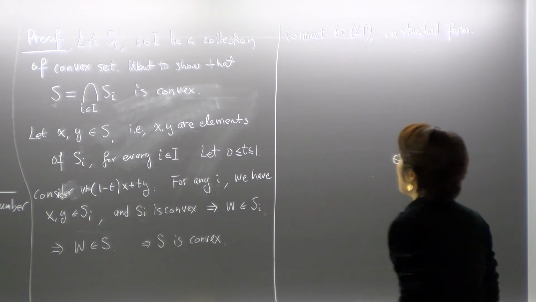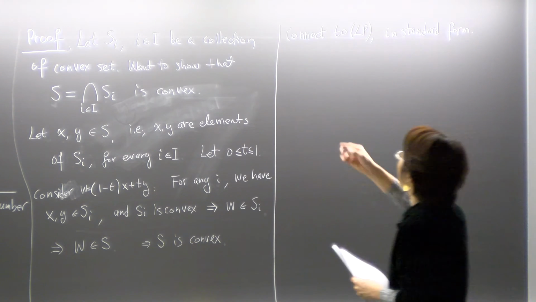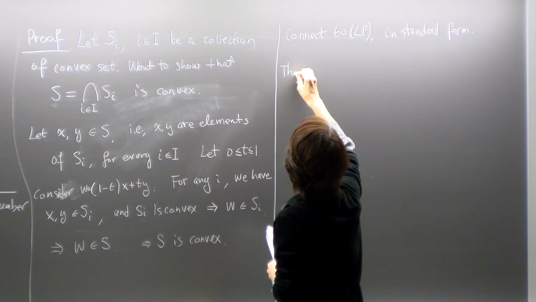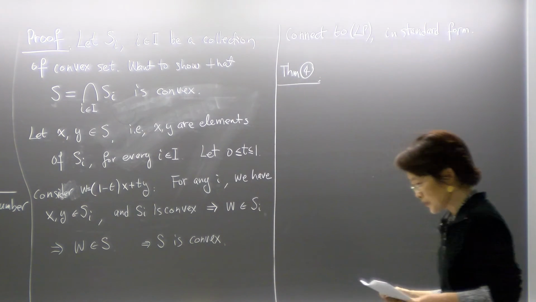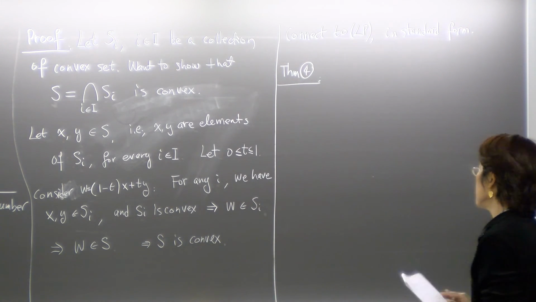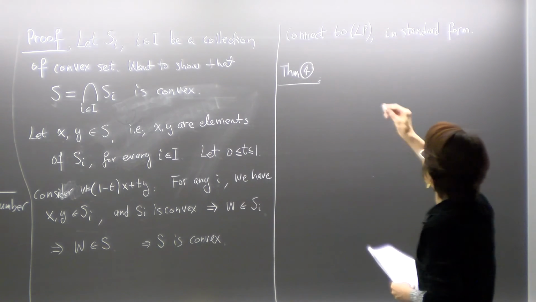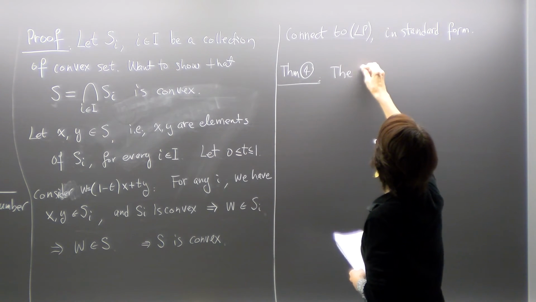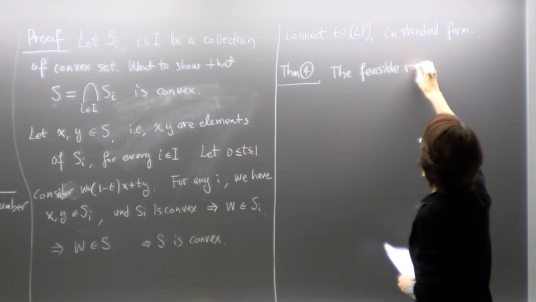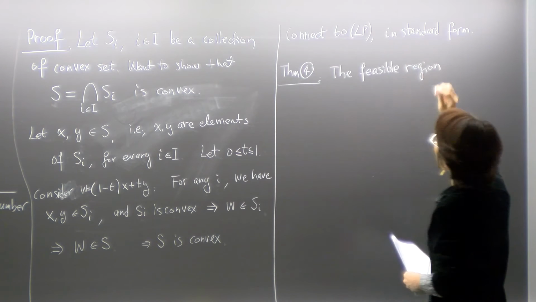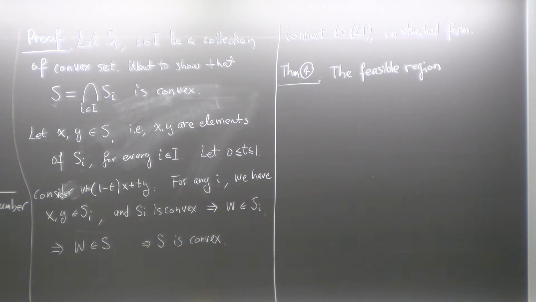Okay, and I want to connect this convexity into that. Let me throw at you a theorem. We're familiar with the concept of the feasible region. Do we still remember the feasible region? That is the region where all the constraints are satisfied. Is that right? All the constraints.